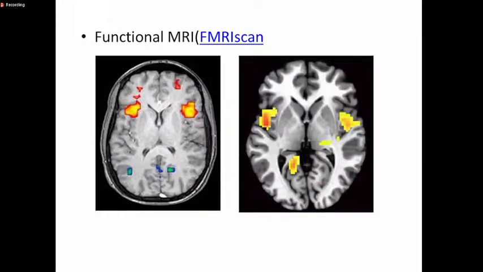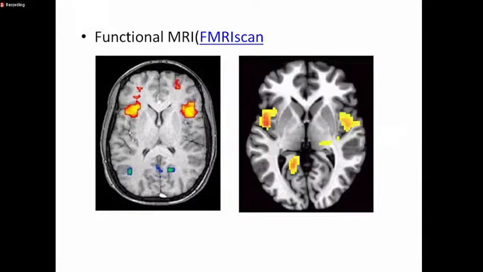This is functional MRI, where you want to see what is happening in the brain, especially in patients with, for example, convulsions, and you want to see which areas are active. Many times when you do imaging in those patients, you may find nothing, but usually there is a place which triggers off a convulsion.